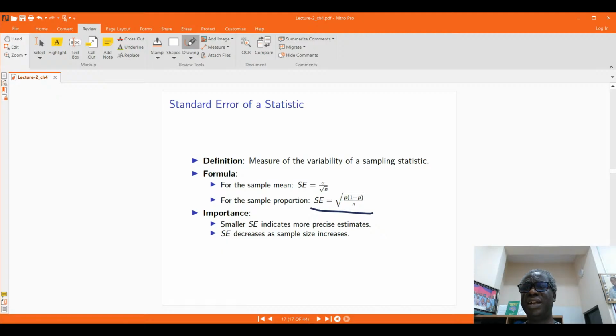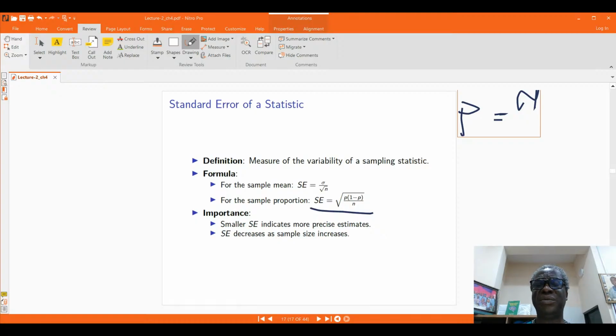So the measure of the proportion from the population is given as capital P. It will be the count of successes in the population over the number of items in the population.